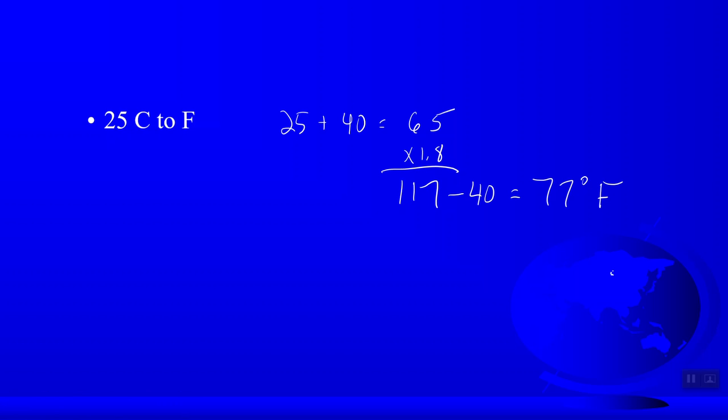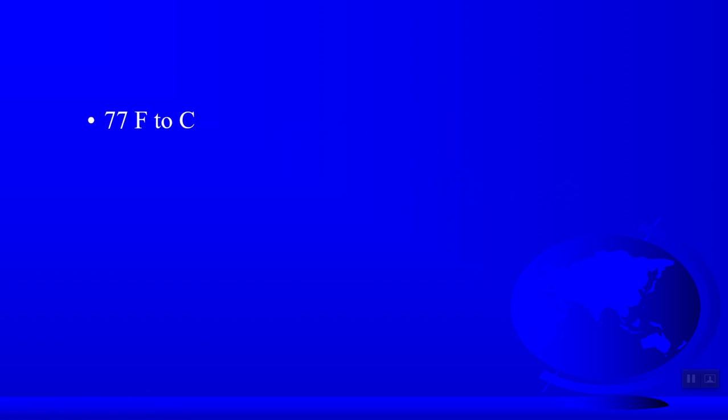77 degrees Fahrenheit. It's a bigger number, which is what you were expecting. All right, you are F, 77. And where is Celsius? Yes, Celsius is behind you. So you should expect this to be a smaller number.